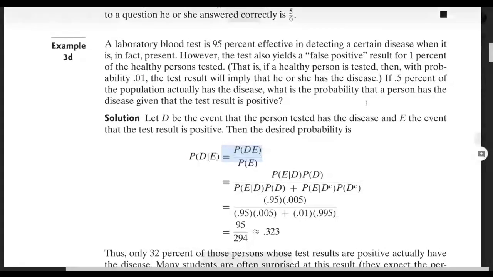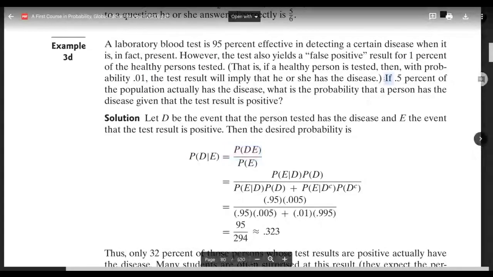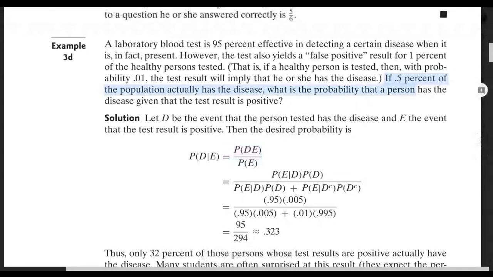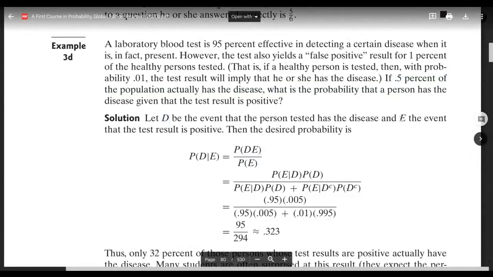Okay, what is the question of this one? If 0.5% of the population actually has the disease, what is the probability that a person has the disease given that the test result is positive? D is the event that the person tested has the disease, and E is the event that the result is positive.